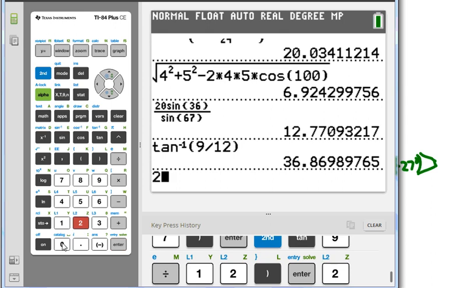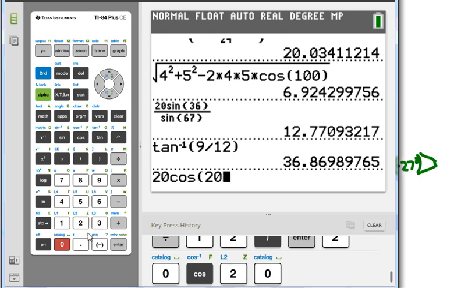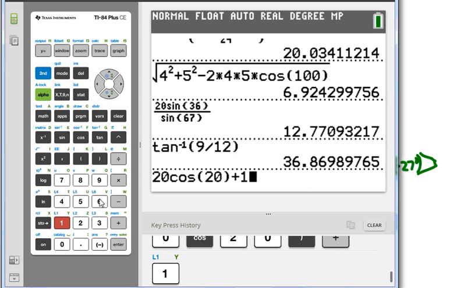So we get 20 cosine 20 degrees plus 16 cosine negative 27 degrees.